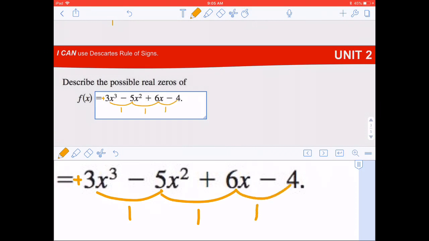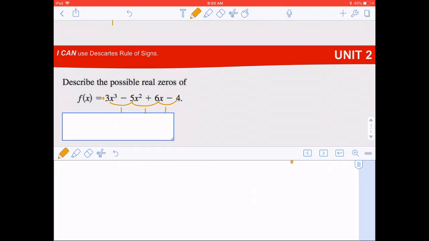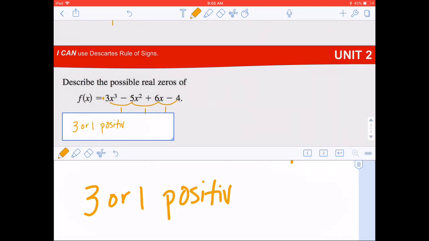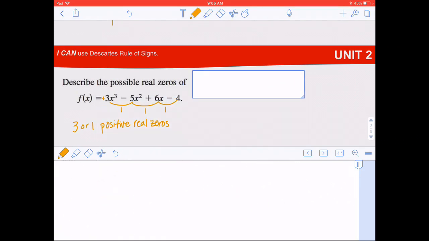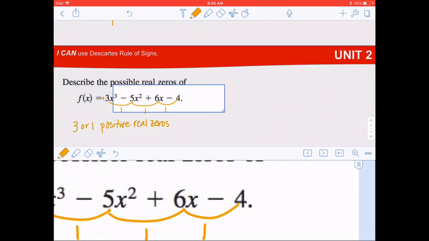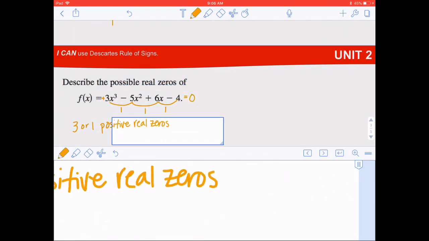Positive to negative is another 1. So there's going to be 3 or 1 positive real zeros or positive solutions. Remember, your zeros are the solutions to setting your polynomial equal to 0.